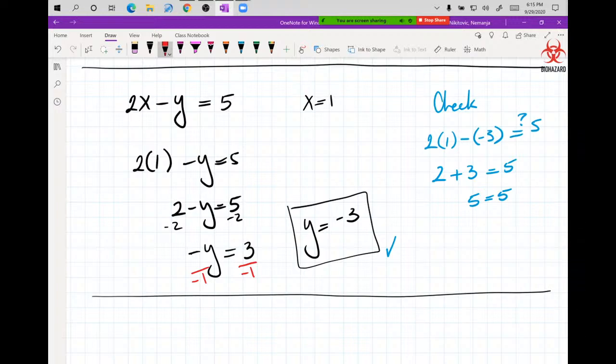You need to get y alone, so you divide both sides by negative 1. And if you divide by a negative for those inequalities in 2.6, you have to switch the sign of the inequality. That was the extra step that we had. But this divide by negative step doesn't change, because you need to get a positive y on the left. Cool?